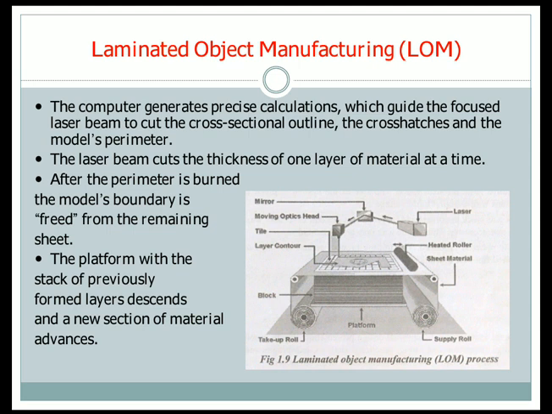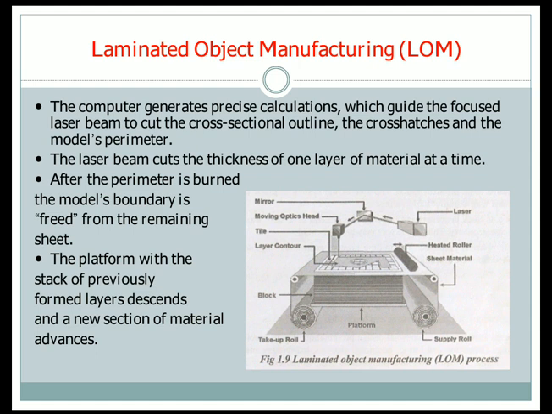The computer generates precise calculations which guide the focused laser beam to cut the cross-sectional outline, the cross hatches and the model's perimeter. So the laser beam will cut the material in the shape of the 3D model which has to be manufactured. The laser beam cuts the thickness of one layer of material at a time.